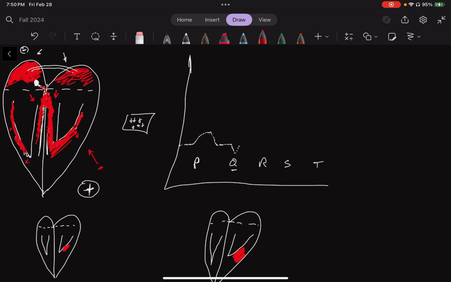And so then the depolarization wave goes out like this. So you have net direction of electrical field moving this way, and that causes a huge spike. And that is called the R wave.